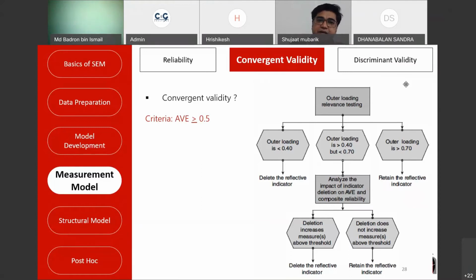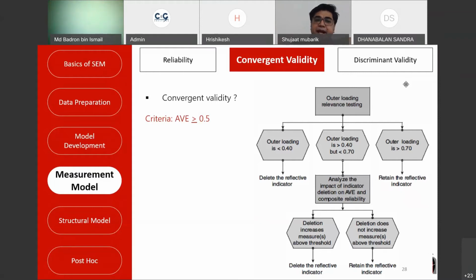And if your factor loading is 0.706 for each of your items, your AVE would be exactly 0.50, right? So for example, if I have 5 items and every item has a factor loading of 0.70, then my AVE would be 0.5.